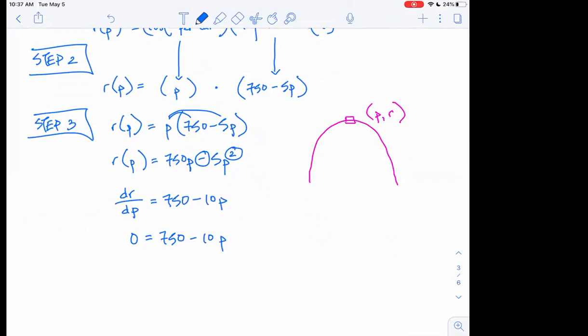And now I'm going to add 10P to both sides. And it turns out that if I charge customers $75, then I'm going to maximize my revenue. So the x coordinate on my graph should be 75.